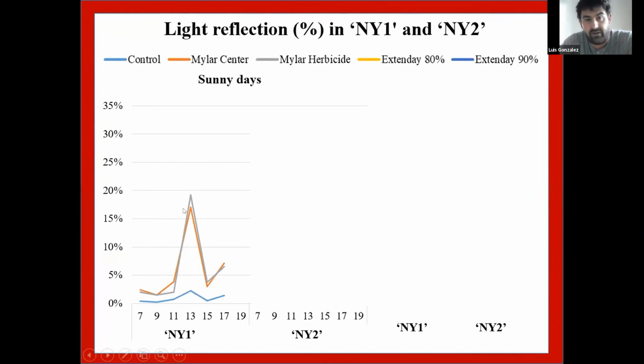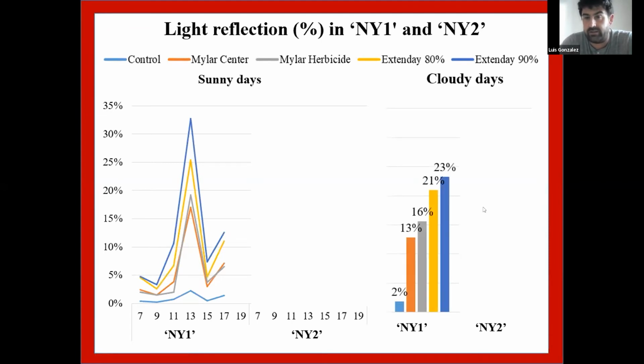The maximum light reflected is in the middle of the day, and after mylar, the next material with more light reflected is extended at 80%, and higher values of light reflected for extended at 90%. On cloudy days, the result is the same. The 2 mylar systems showed similar values of light reflected, and the 2 materials of extended showed similar values of light reflected.